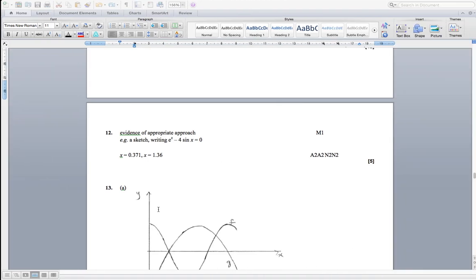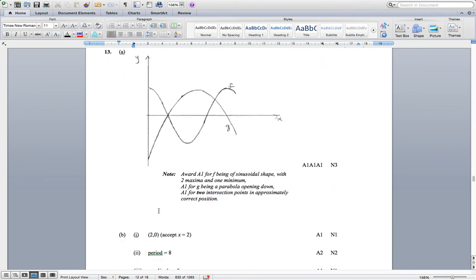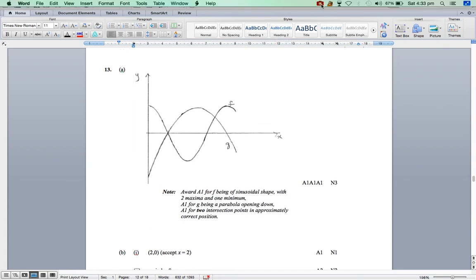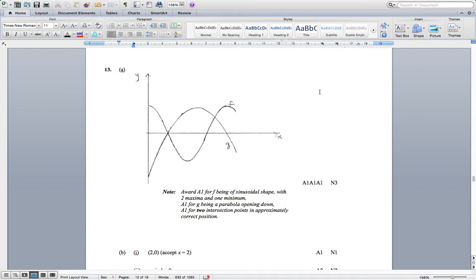So let us look at the solutions. Here, let us see how they have given the marks. Let us look at the mark scheme.